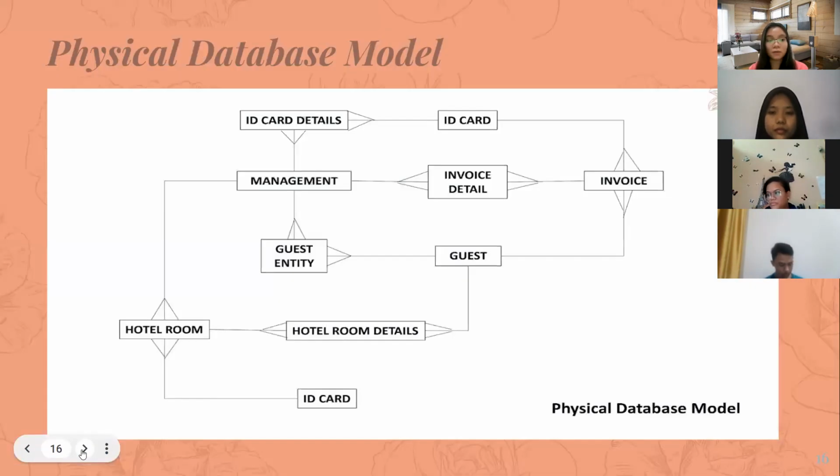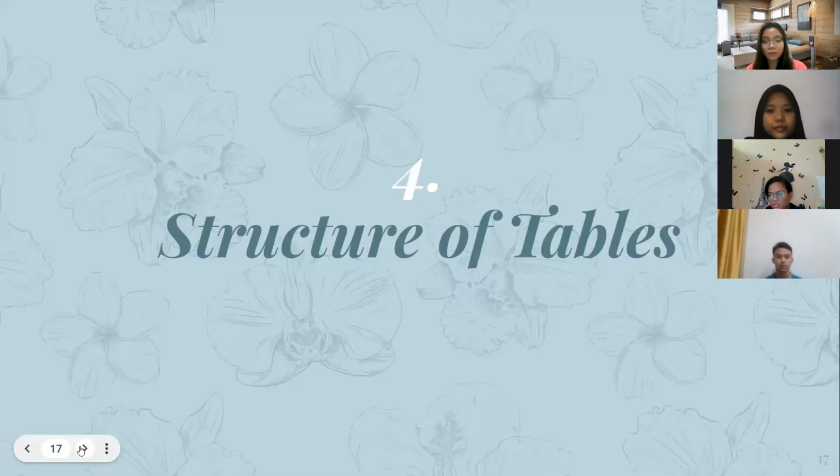And the next is the physical database model, where we can see the main entities such as hotel room, ID card, management, invoice, and guest, and all the relationships between them. The next is about the structure of tables.